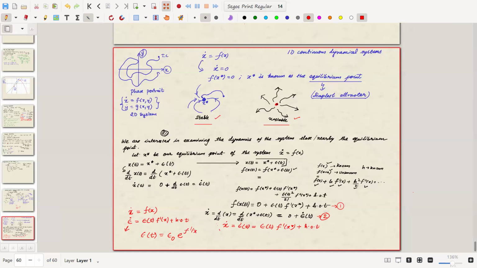Make yourself aware that this is the case here. Since you can easily see this is the differential equation solution, the perturbation grows according to this formula: epsilon naught, the initial perturbation, times the exponential to the power of the derivative of the function. Okay, fine with you?